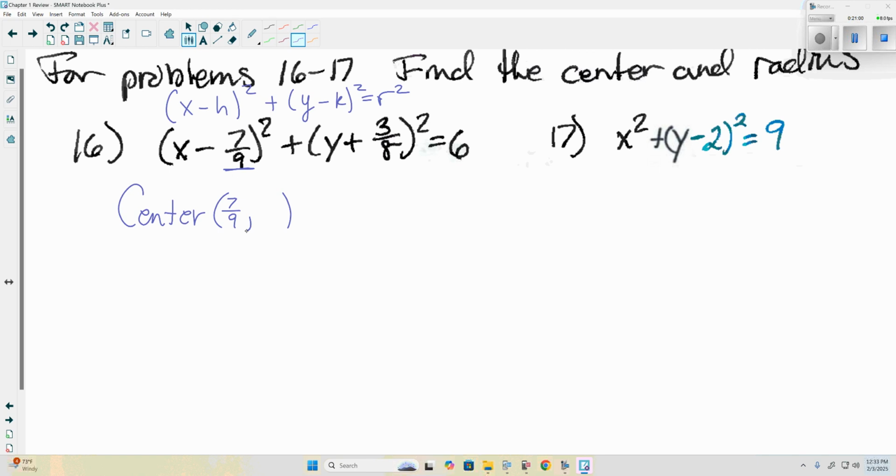Here the x's line up, the minuses line up, so h just has to be 7/9. And our other part's y plus 3/8, so it indeed would be negative 3/8. Since it's plus inside, we have to change it. Really what it's saying is that we have y minus negative 3/8 to line up with our formula, y minus k.